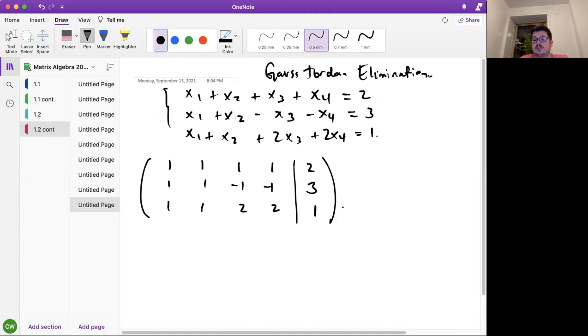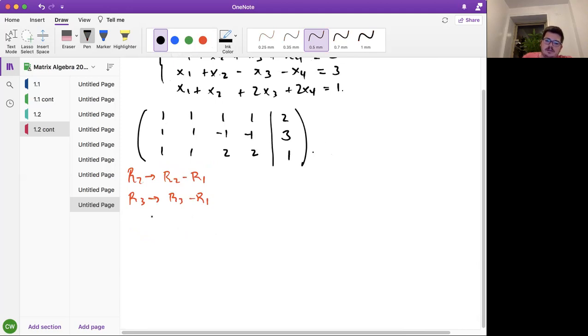What would your first step be? Good, yeah, so I can change row 2 by doing row 2 minus row 1, and at the same time, I can do row 3 minus row 1.